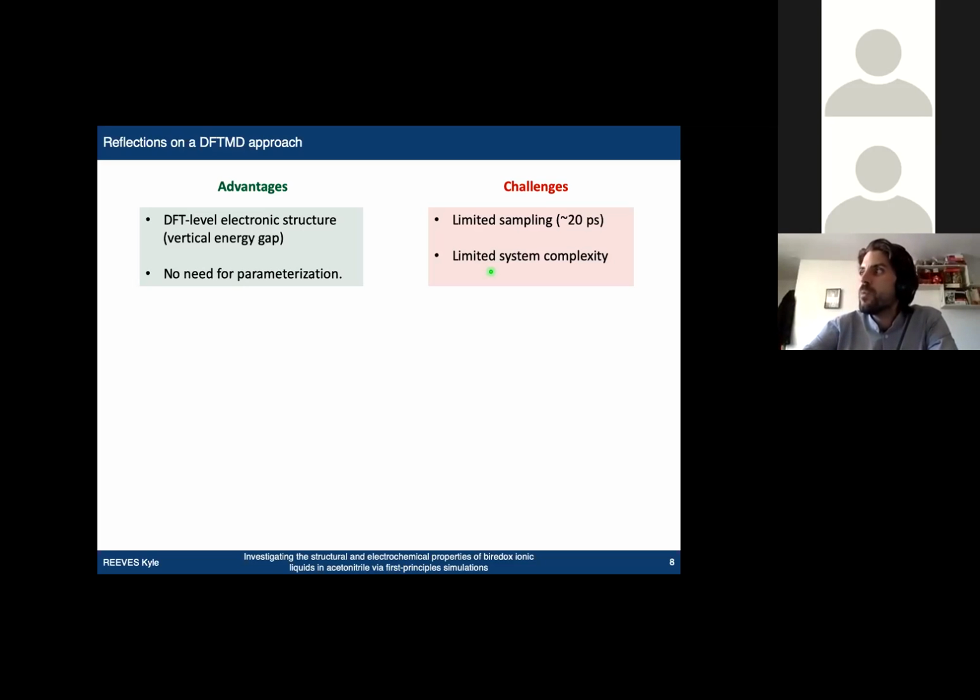I'll discuss that in just a moment. So we're limited to a relatively short period of sampling in the systems, and also limited in the complexity. Obviously, if we're interested in exploring porous electrodes and the ways in which these molecules, as they intercalate into the electrode, interact with their local environment in a porous system, we'll definitely be limited in that regard as well.